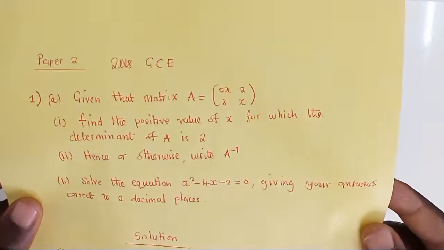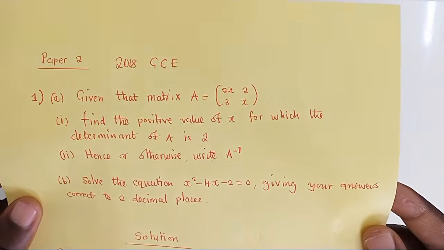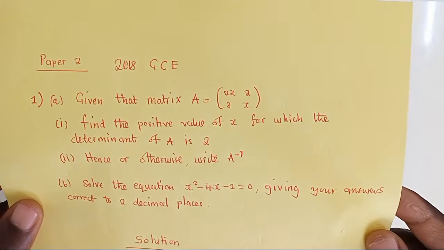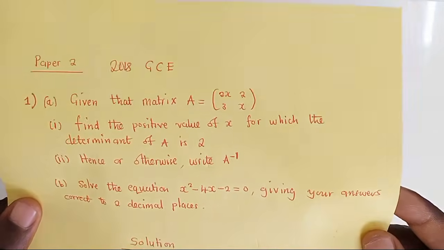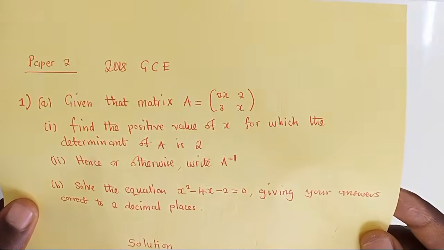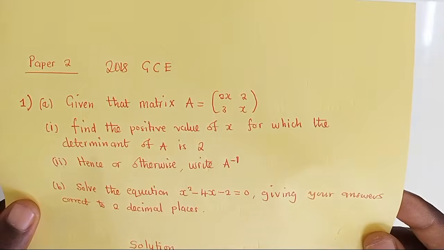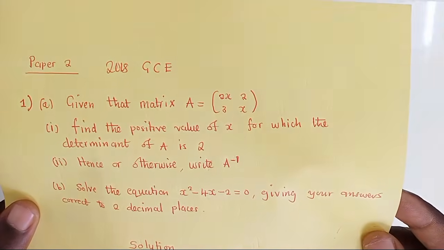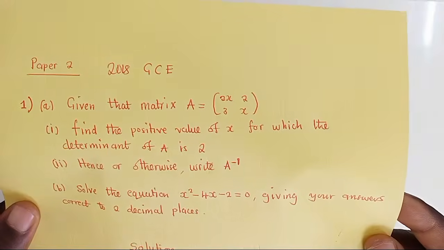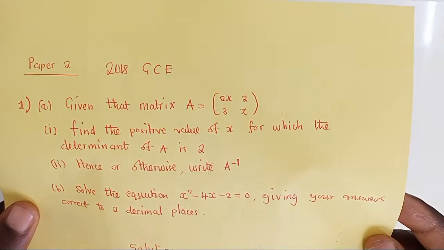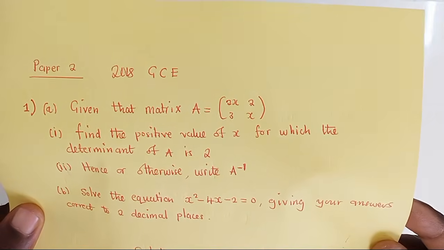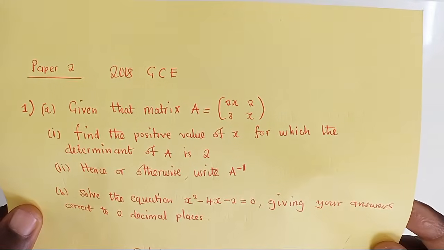Given that a matrix A is (2, 3; 2x, x), find the positive value of x for which the determinant of A is 2.